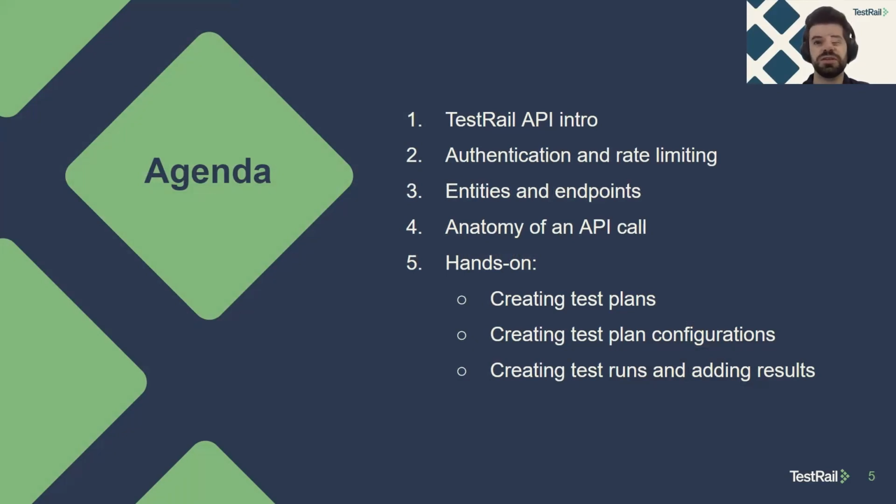We're going to start with a little TestRail API introduction, then talk a little bit about authentication and rate limiting, the entities and endpoints you can use, the anatomy of an API call, a few very basic concepts, and then some hands-on: how you can create test plans in TestRail, how you can create configurations for those test plans, so you can play around with different browsers, test runs for different browsers, for instance, and also how to create those test runs and embed the results for the test runs based on whatever source you are using.